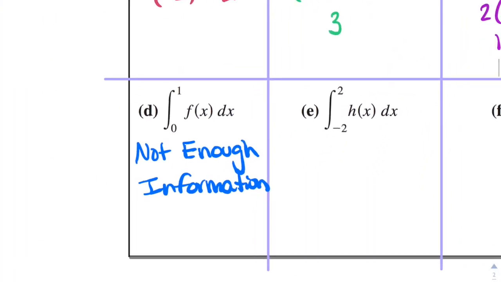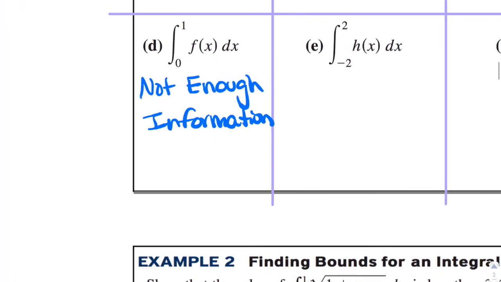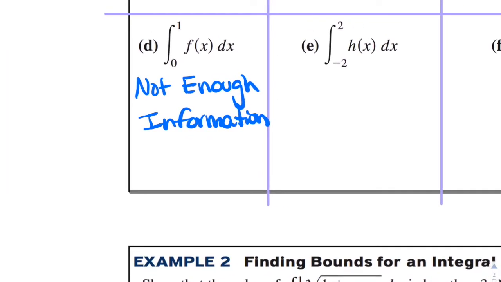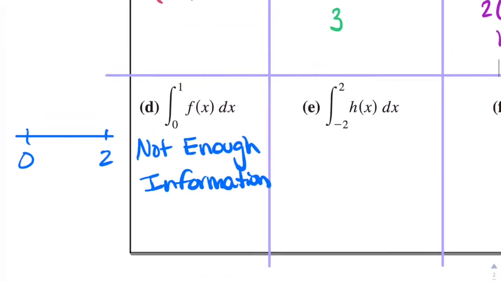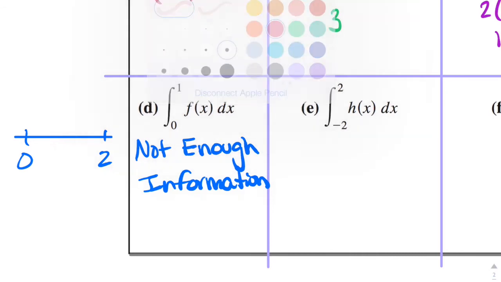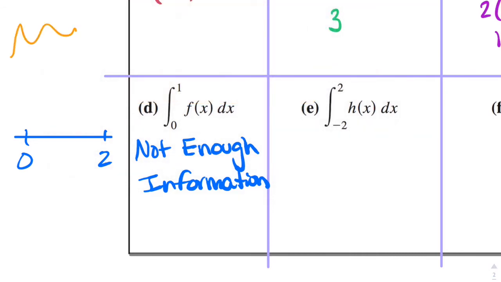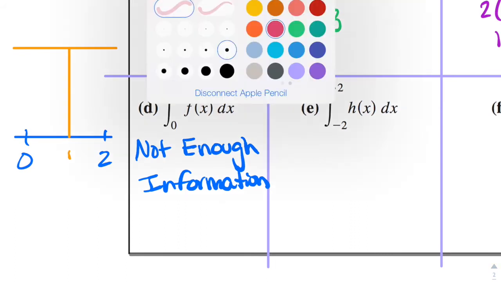Let me show you, this is a side note, this does not have to do with the problem, but here's something you're allowed to do. You're allowed to think of a number line that goes from 0 to 2. Let's say we have some function, and let me make it linear.